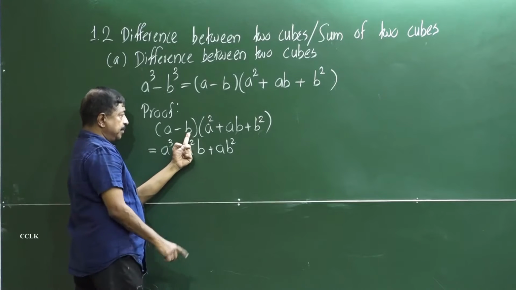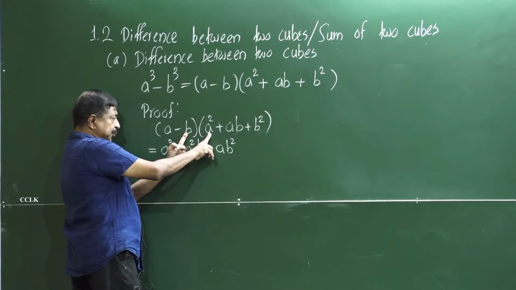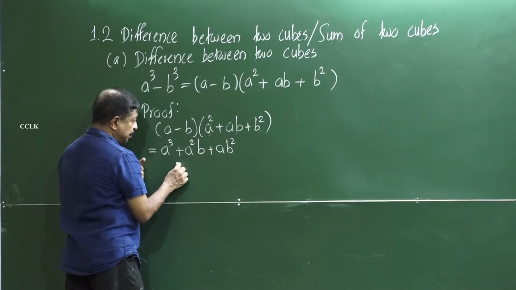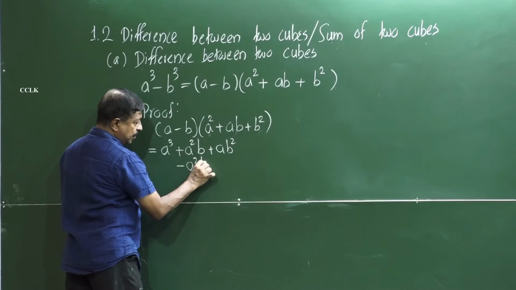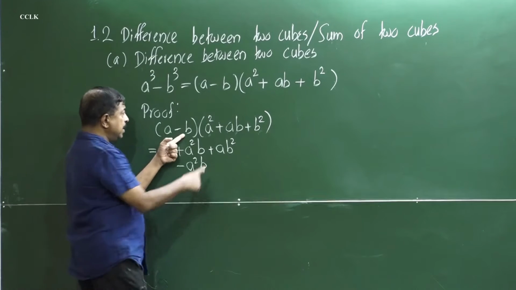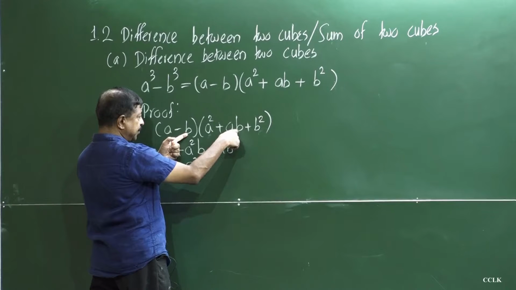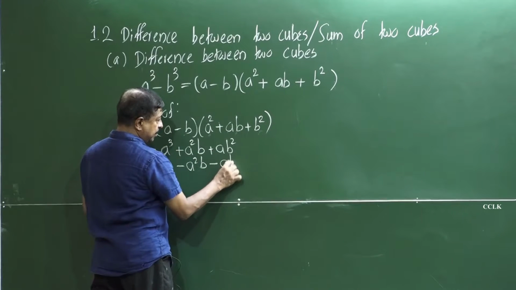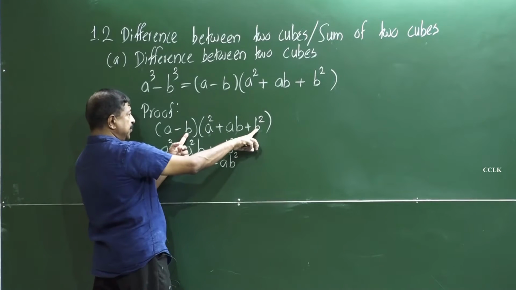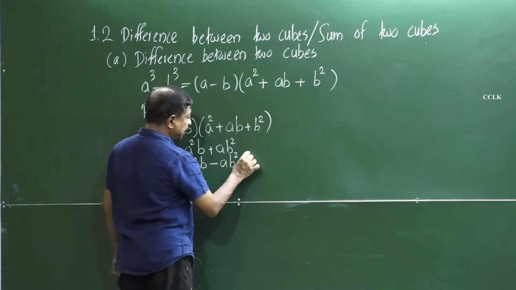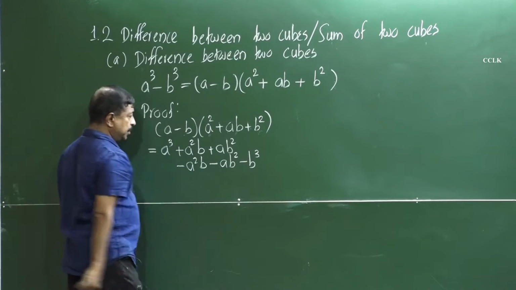Now go for this one. B and A squared, that means A squared B, but the sign in front is negative. I just want to put these similar terms together. Then minus B times this, so sign is negative, A times B squared. Finally, these two, minus times plus, minus B times B squared, B cube.